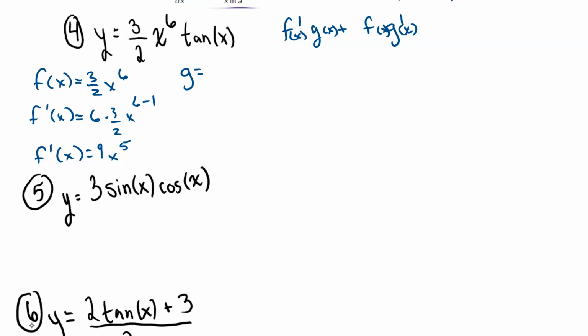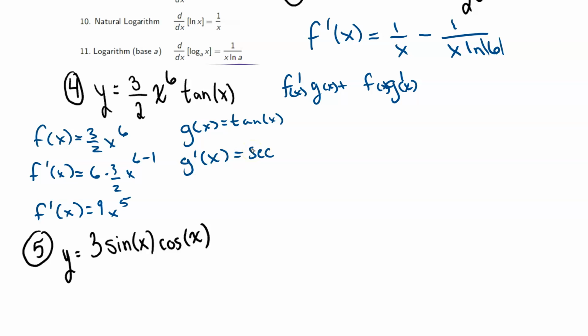Then g is tangent x. Whoopsie, might be. And the derivative of tangent x is secant squared x. So now we substitute into our rule.